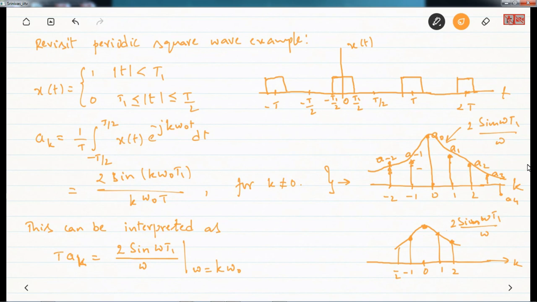And the most important thing to be considered here is, as T increases, omega naught equal to 2 pi by T decreases.